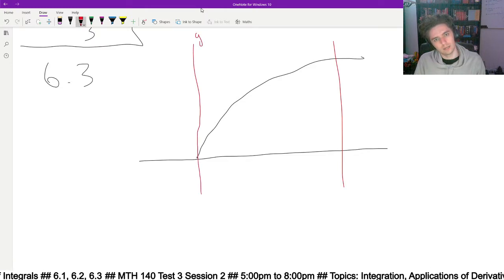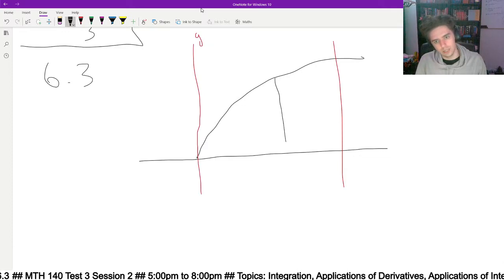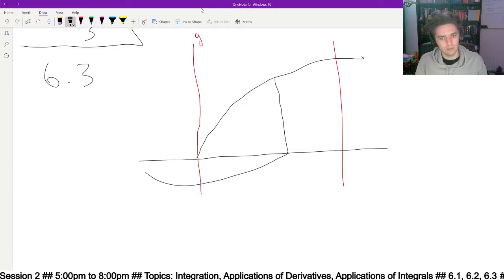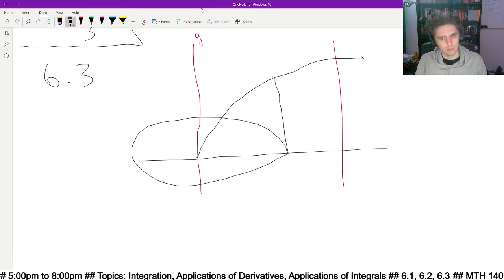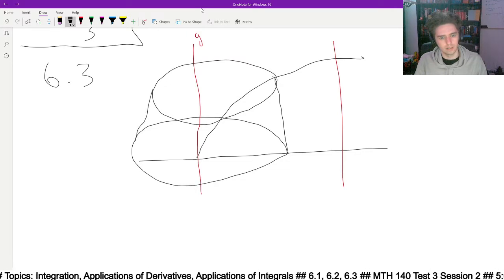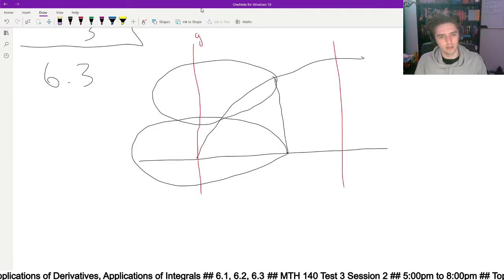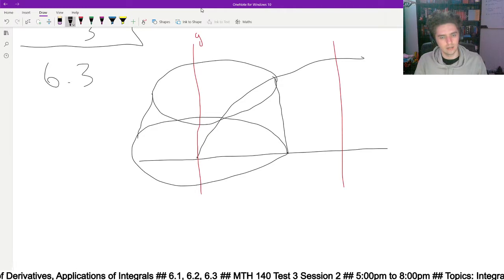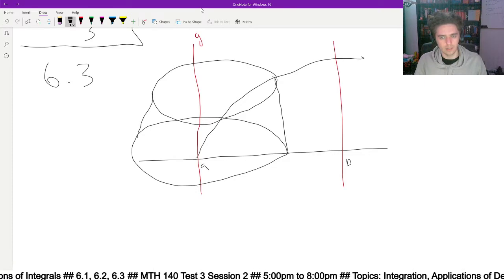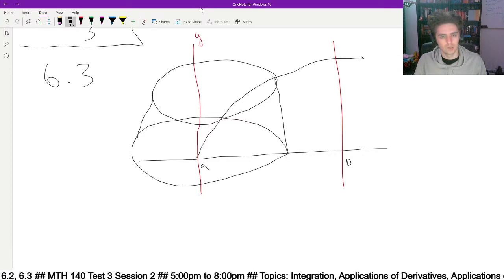One way to look at it is that we choose any one line here, and if that were rotated around the y-axis, it would create a cylindrical shell, which is pretty much just a cylinder, but without the inside. It's a terrible picture, but there you go. And if we took the surface area of each of these cylindrical shells and integrated that along a to b, we'd get the volume.